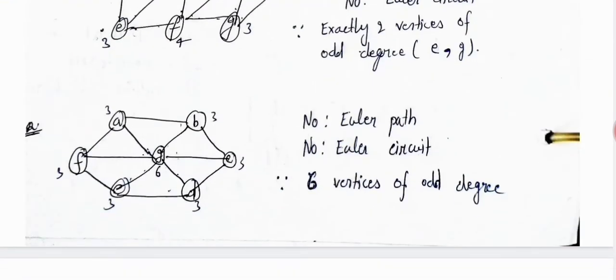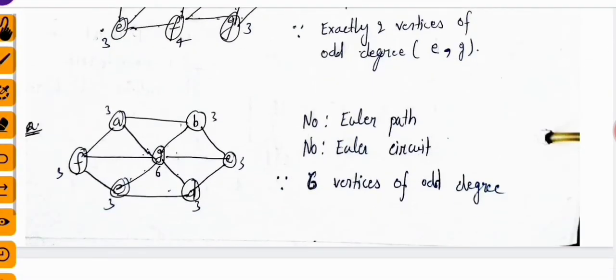Here the next question defines all the graph vertices, but here we found that there are not exactly two vertices having odd degrees, but multiple vertices have odd degrees. So we say that it does not contain an Euler path as well as an Euler circuit.